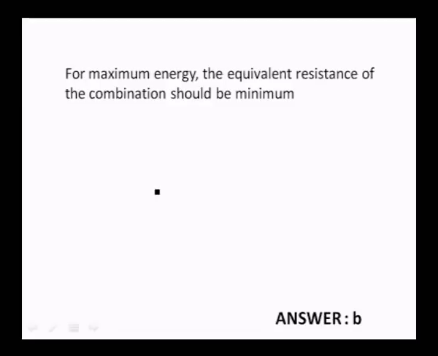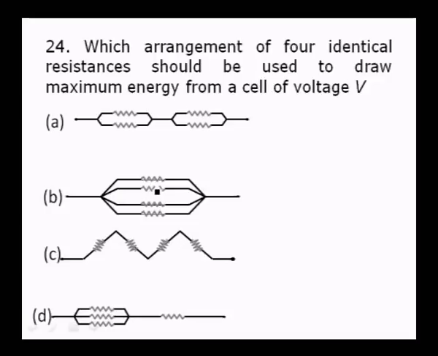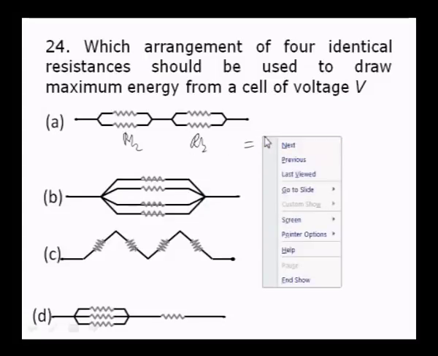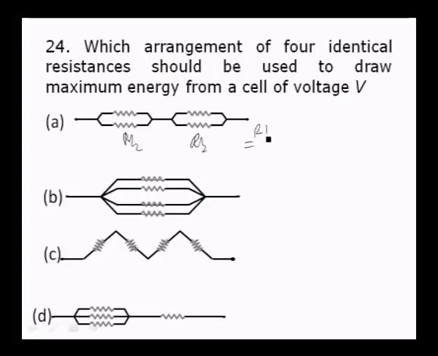For maximum energy, the equivalent resistance of the combination should be the minimum. See, among the 4 combinations, in which combination are we getting the minimum effective resistance? Here we are getting R by 2. This equivalent is R by 2 plus R by 2, so we are getting more.